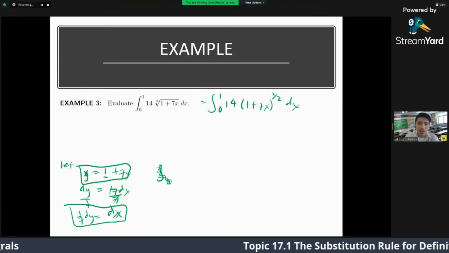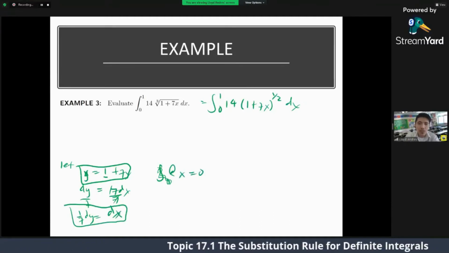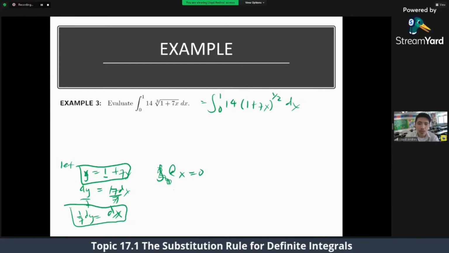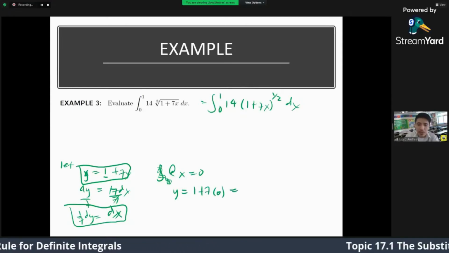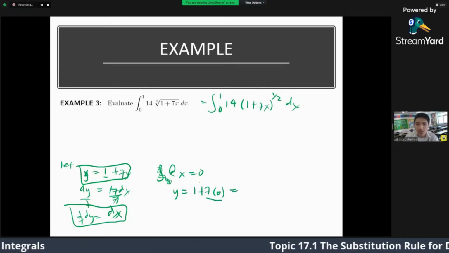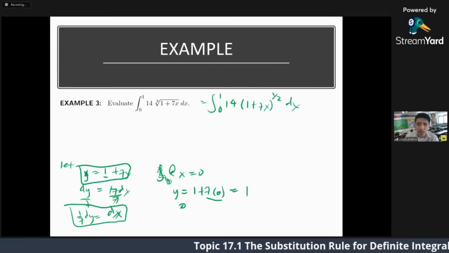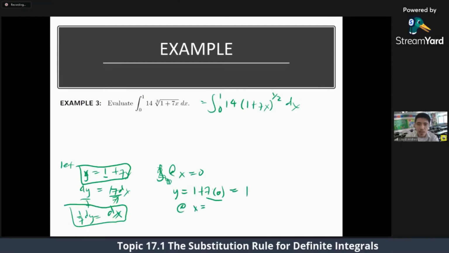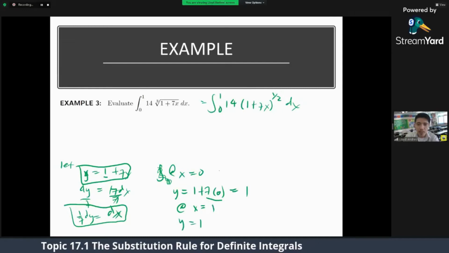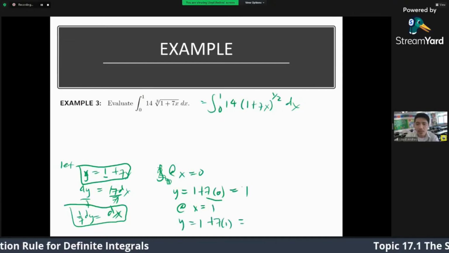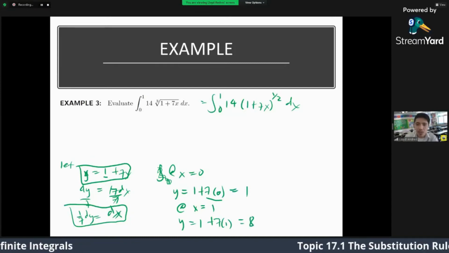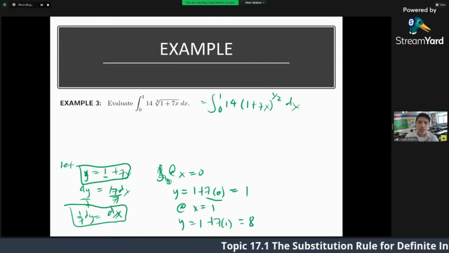At x equals 0, y is equivalent to 1 plus 7 times 0, which is 1. Next, at x equals 1, y equals 1 plus 7 times 1, which is 1 plus 7, 8. So now we can do this.